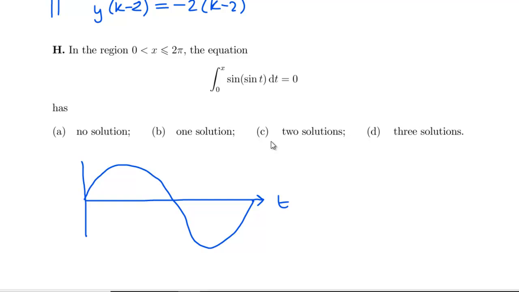So if we were doing sine of sine t, so that's our pi and that's our 2 pi, we're doing the sine of some number between 1, 0, minus 1. The sine of some positive number between 0 and 1 is going to be some kind of positive curve.